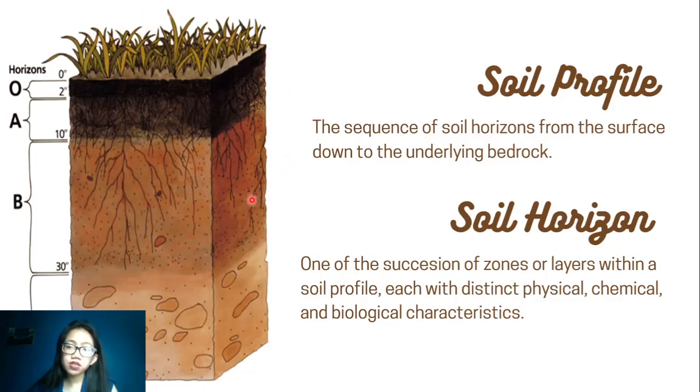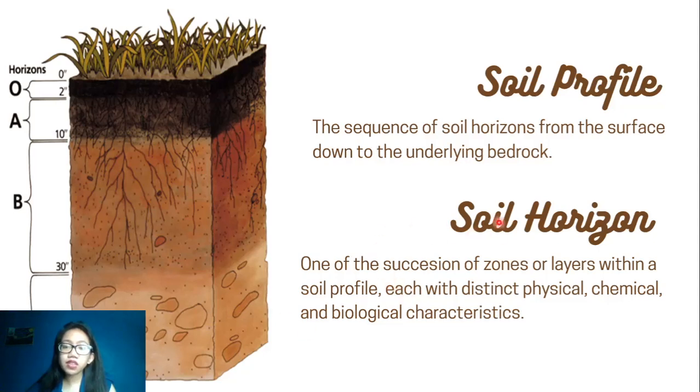So the sequence of soil that is present in a certain location. So you have different layers, and the collective term for those layers are the soil profile. So it varies depending on certain locations, and that is something that you have to look for if you want to survey a location for construction or agricultural purposes.